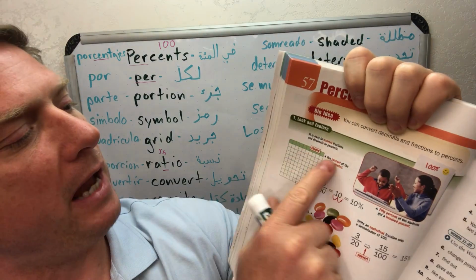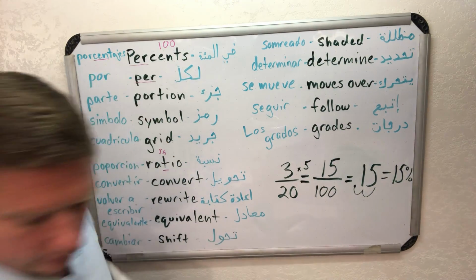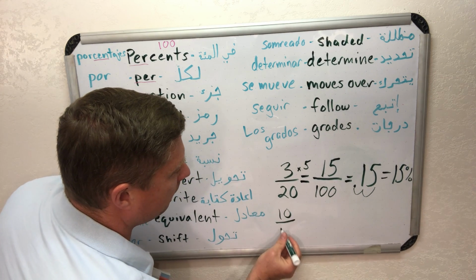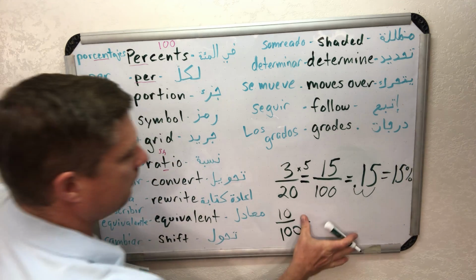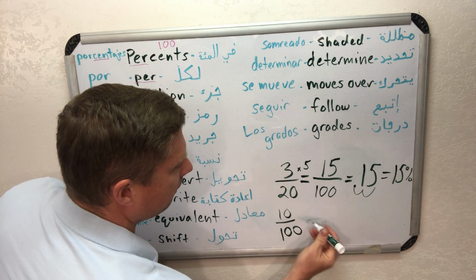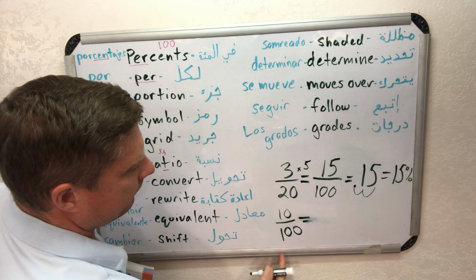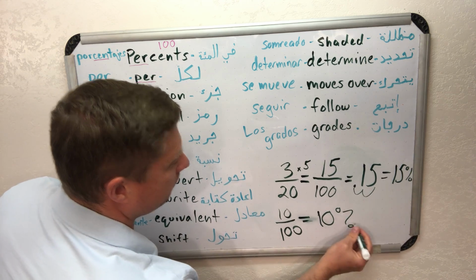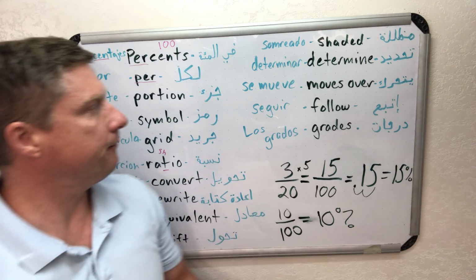It looks to me there's 10 out of 100. We already have out of 100. So we can just say 10%. 10% of the boxes are shaded.